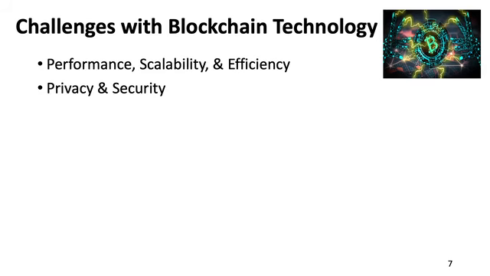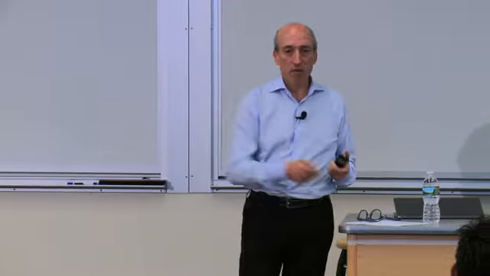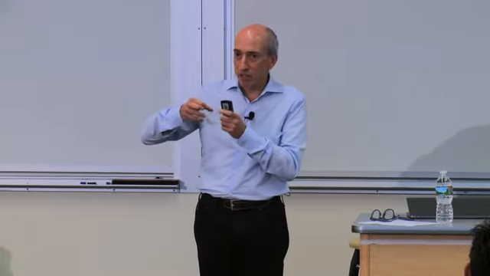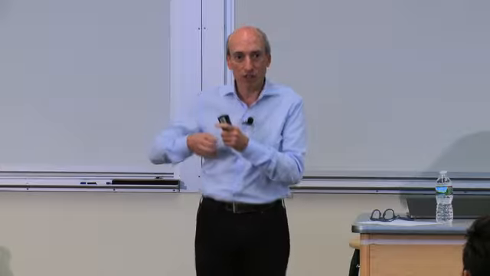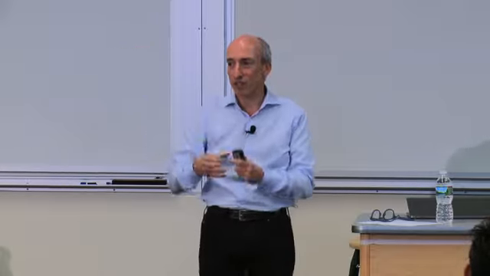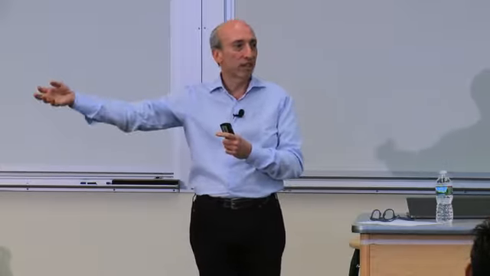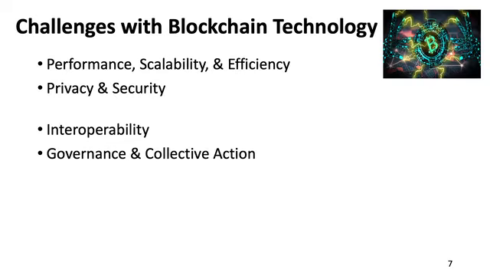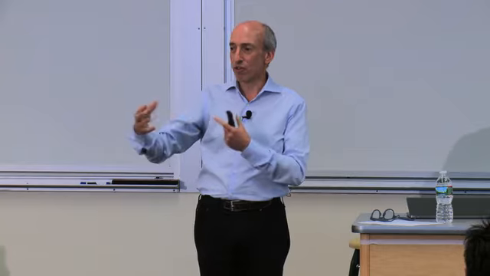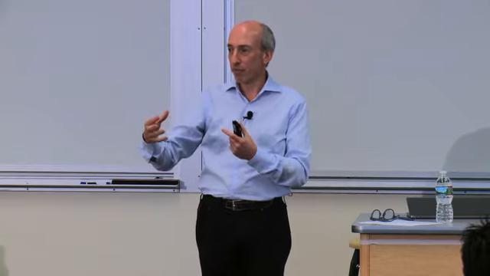So it's basically scalability and privacy that are two big things that permissioned systems address. Interoperability: how does this blockchain talk to other blockchains, or how does it talk to other legacy systems? Permissioned and permissionless systems both have issues of interoperability.